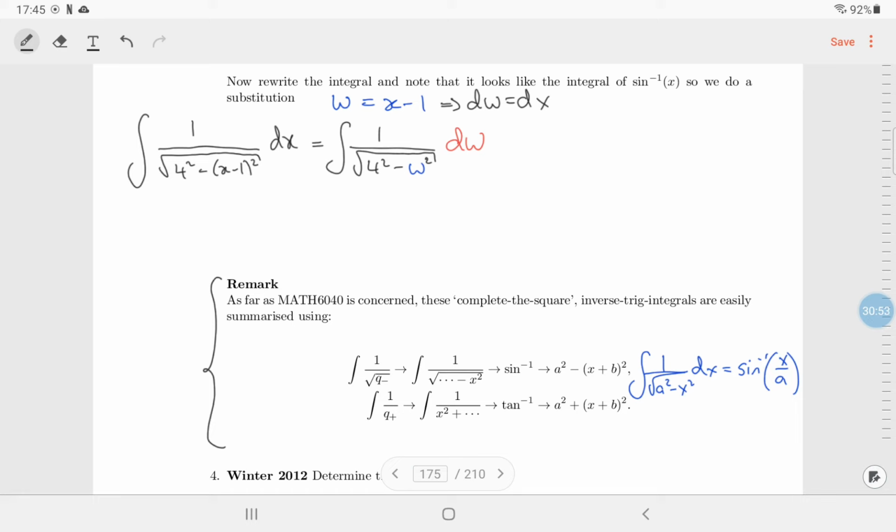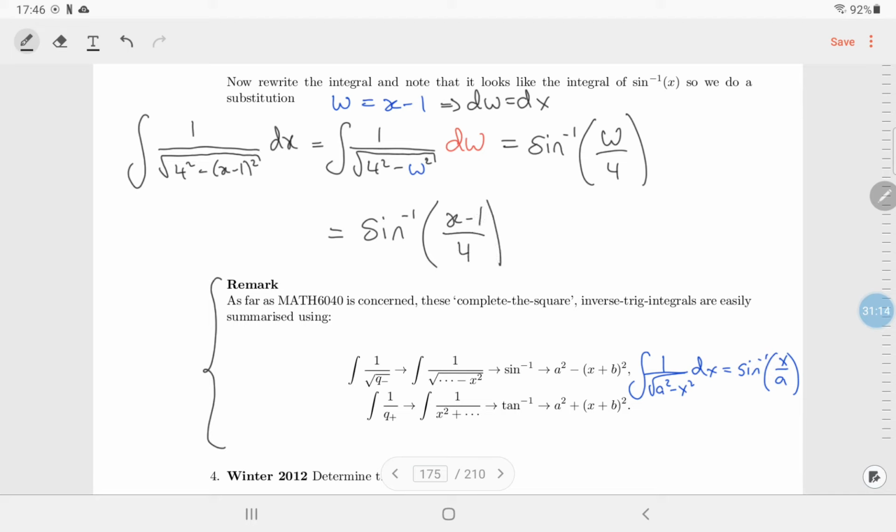So anyway, this is ready to go. So the antiderivative is inverse sine of w over 4, and as before, we were originally asked to antidifferentiate with respect to x, so we should put the w back in terms of x, and we should do plus c.